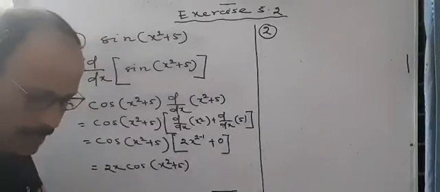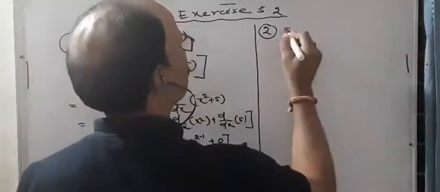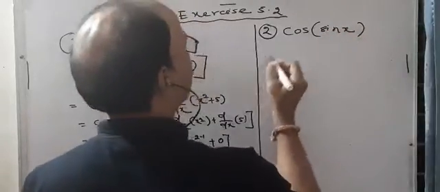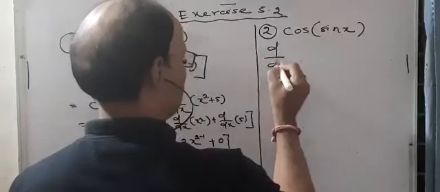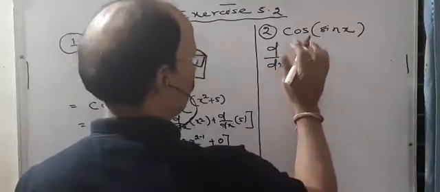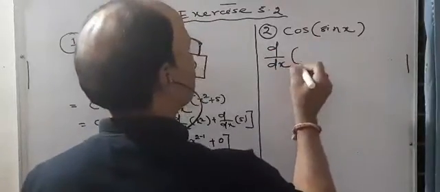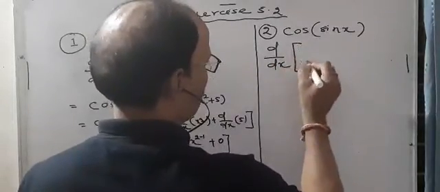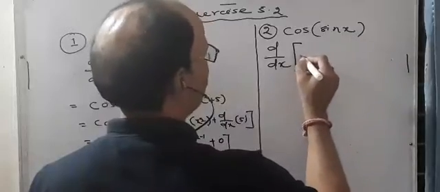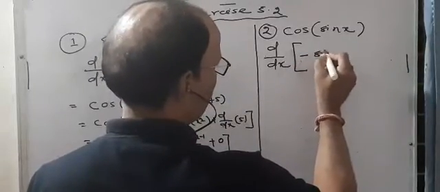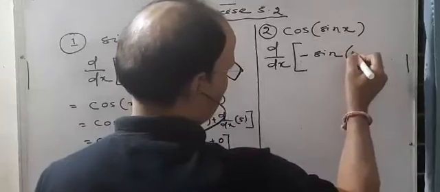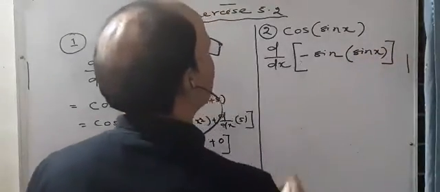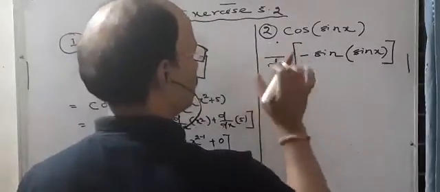cos(sin x). Same process: d/dx of cos θ is minus sin θ, meaning sin(sin x).